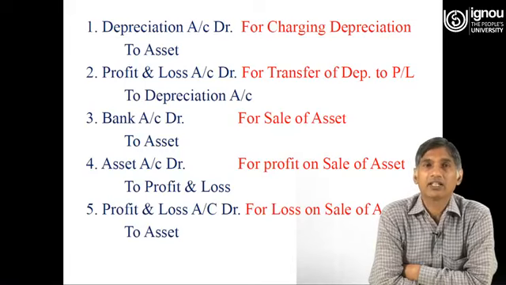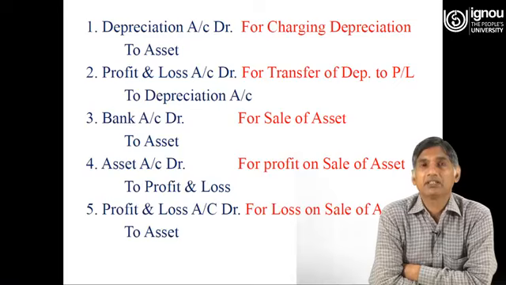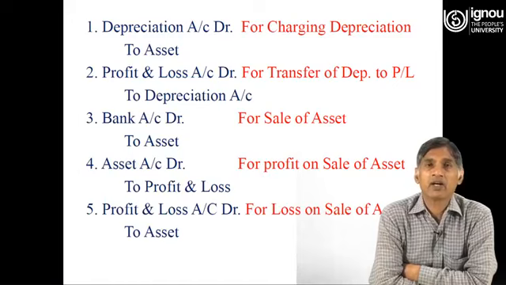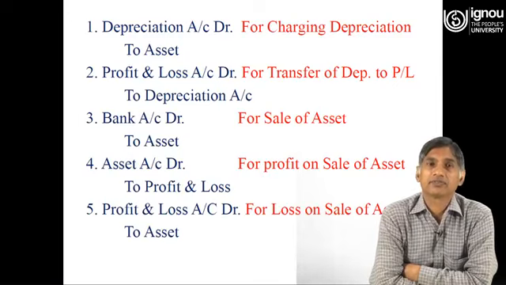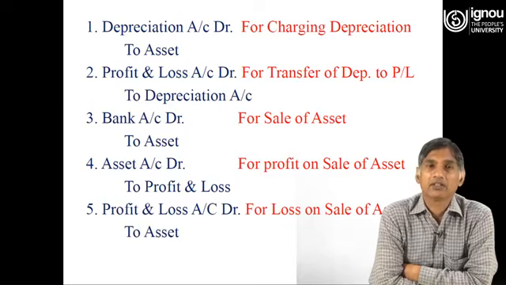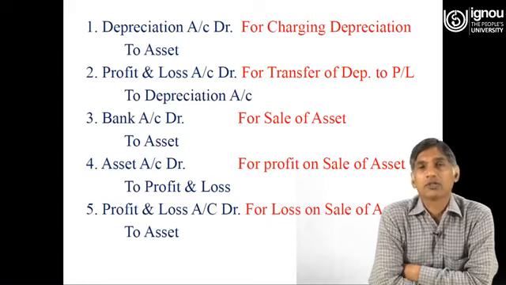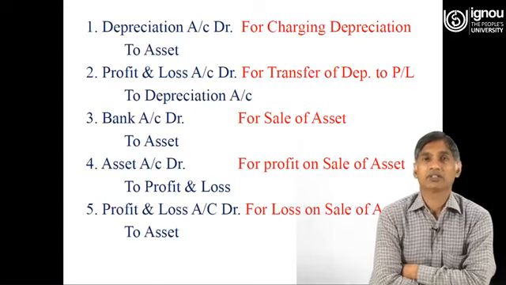This is the first journal entry for charging the amount of depreciation. Depreciation being a nominal account, its balance is generally transferred to the profit and loss account. So, here profit and loss account debit to depreciation, it means the amount of depreciation has been transferred to the profit and loss account. Profit and loss account debit to depreciation.